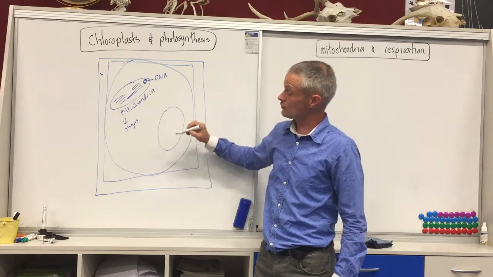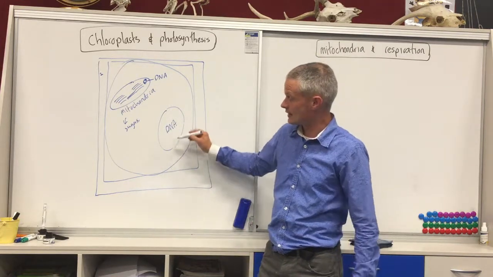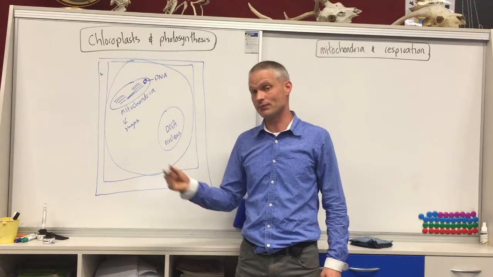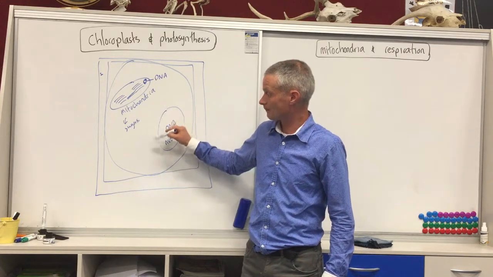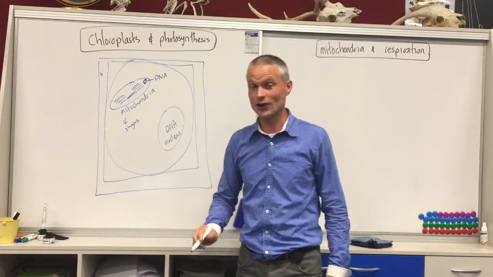And in addition to the mitochondria, the plant has a whole bunch of other organelles. It has DNA within the nucleus, and it has ribosomes that make proteins, and liposomes. They've got a whole bunch of organelles that we won't go into.